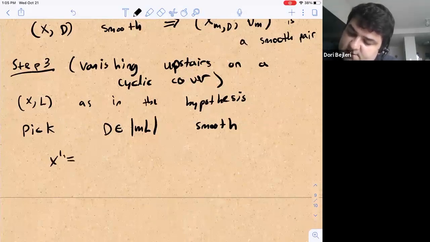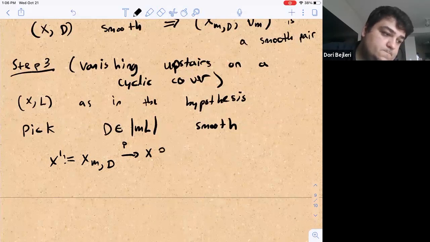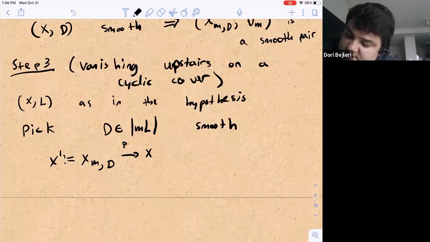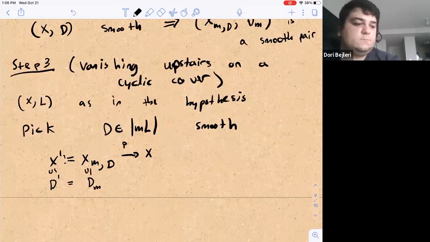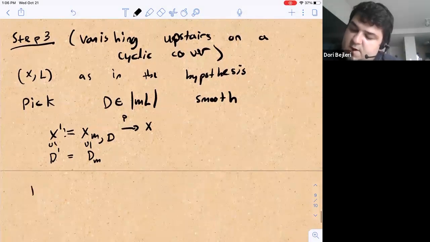So let's just denote X prime as the cyclic cover, the m-fold cyclic cover branched along D. And let's just denote by D prime the divisor, the m-th root of D. So now D prime is isomorphic to D abstractly.